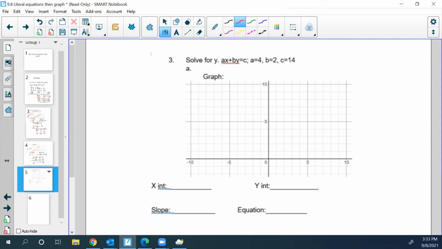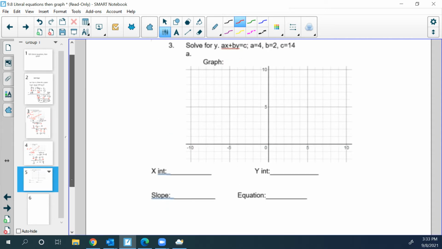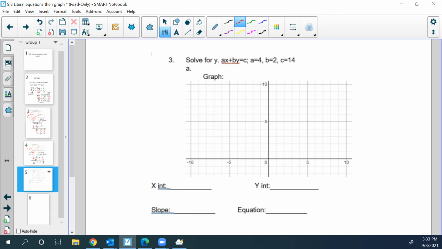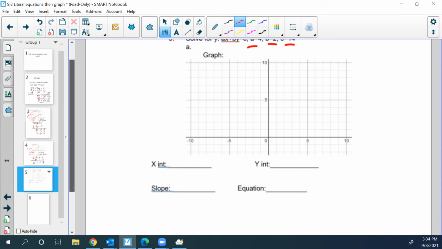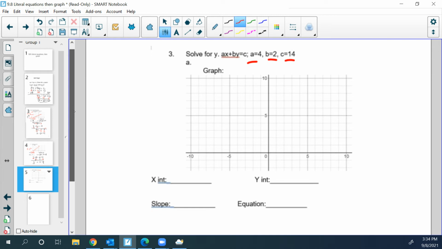Number 3 now is very similar to the one we did in number 1 and also the bell ringer. Okay, so we have A equals 4, B equals 2, and C equals 14. So let's plug those in. A is 4, B is 2.